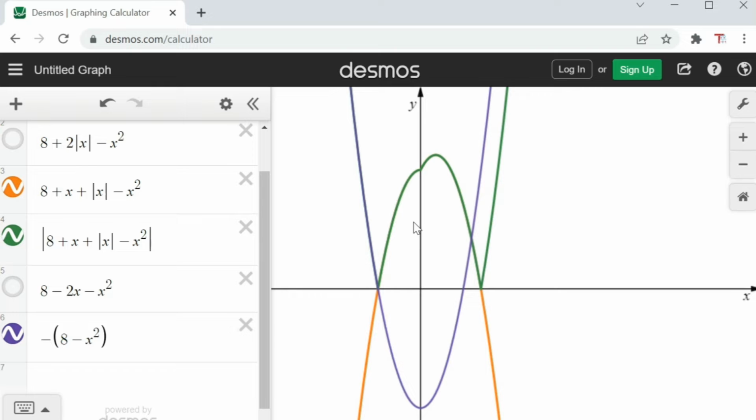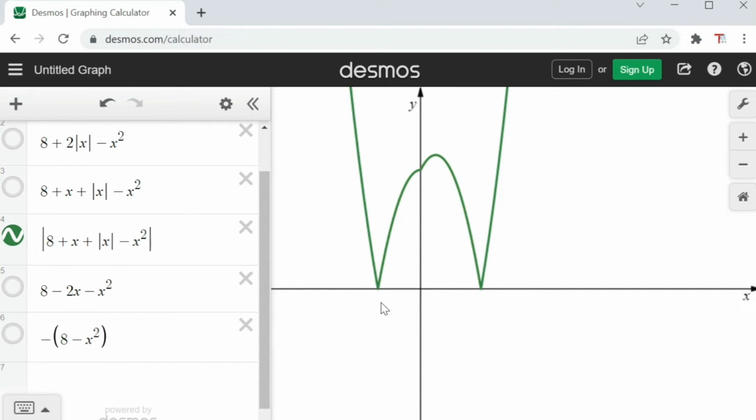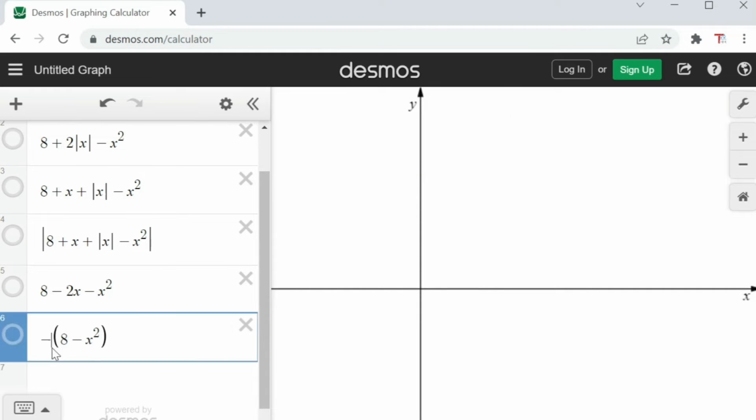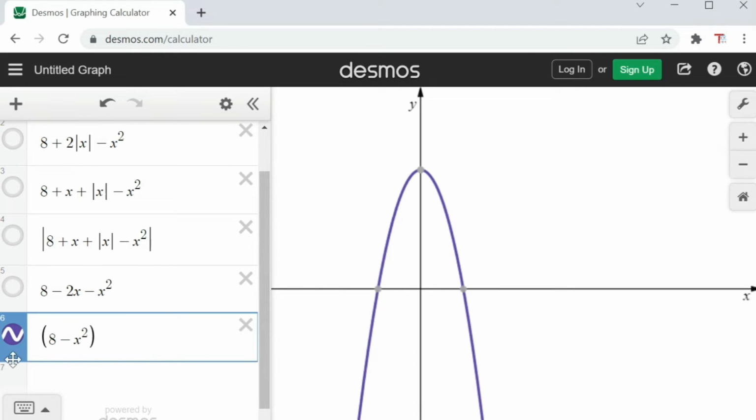So if I draw my original graph, which is over here, if I was to reflect this part in the x-axis, we'd get this part over here. And then if I had the 8 minus x squared, shown here.